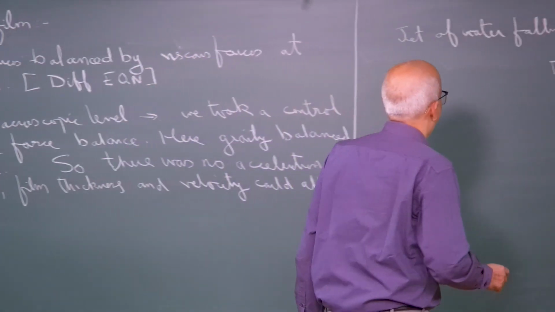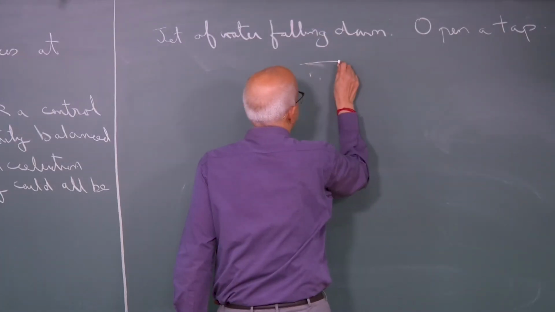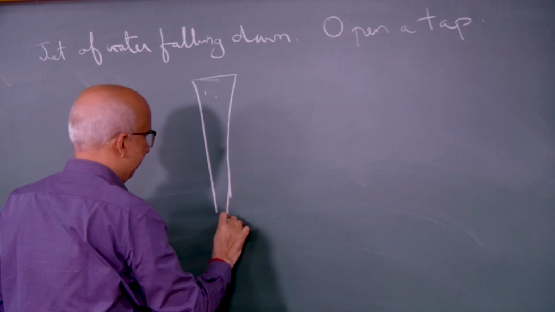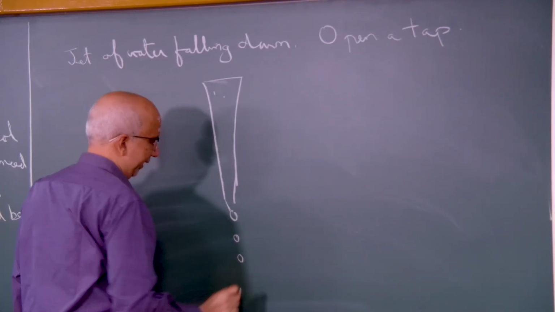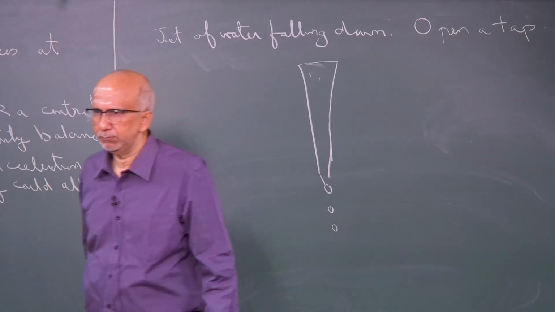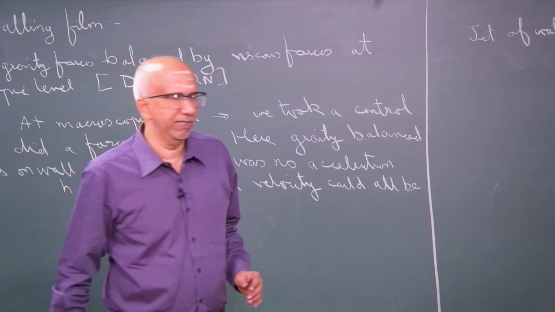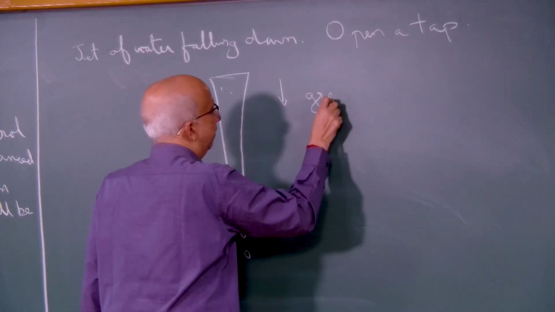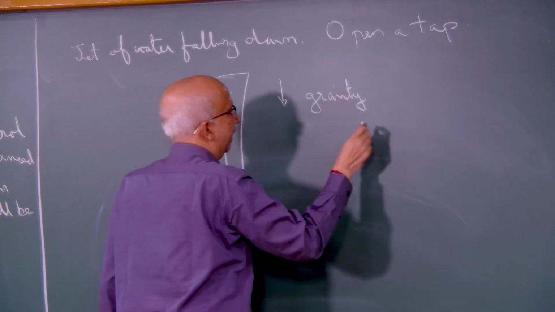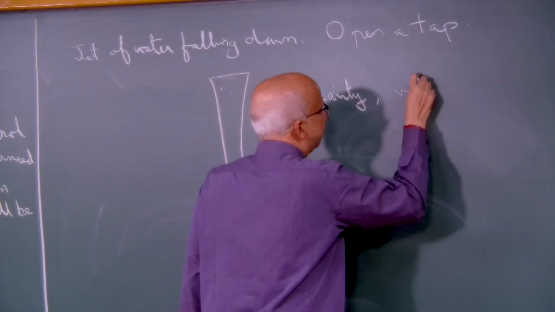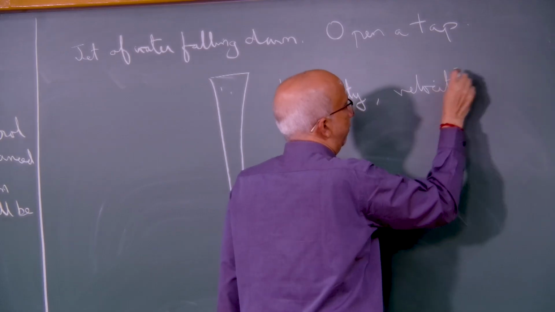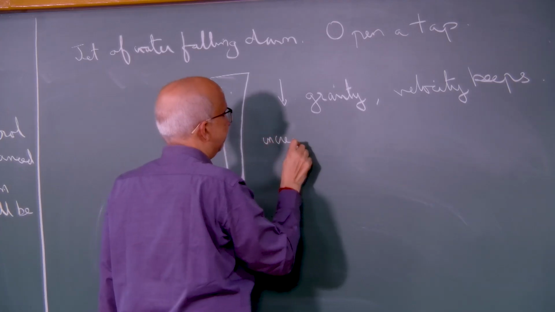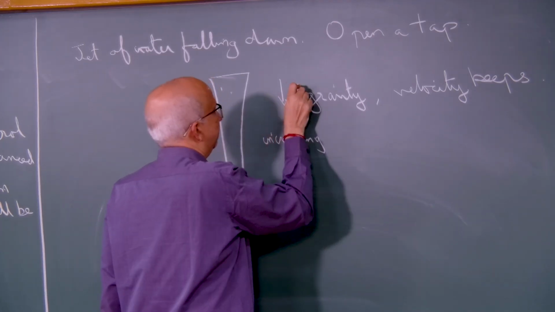I am going to draw this slightly bigger. You understand this is a really big jet, but this is just for your clarity. It is going to become thinner and thinner, and eventually it will break into drops. So, this is the jet of water, gravity is acting downwards, the velocity keeps increasing, this is the direction of gravity.